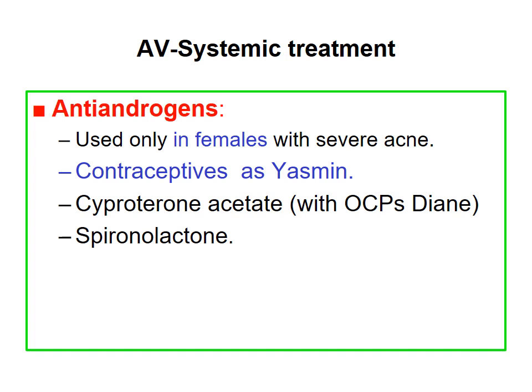It's present in some contraceptives like Diane, in combination with cyproterone acetate, and also in spironolactone, which is Aldactone. It is a diuretic, but here we are not using it as a diuretic, but as an anti-androgen. Also, some contraceptives have an anti-androgen effect, like Yasmin.